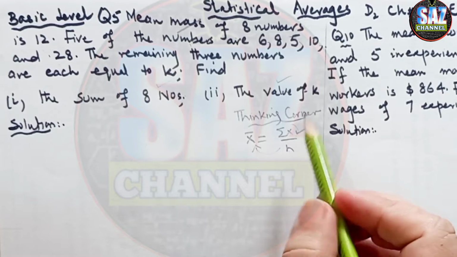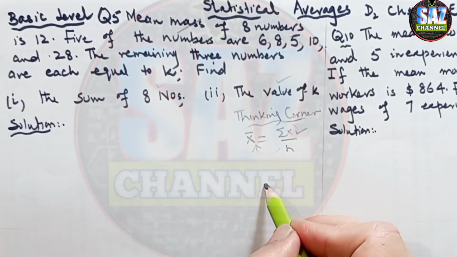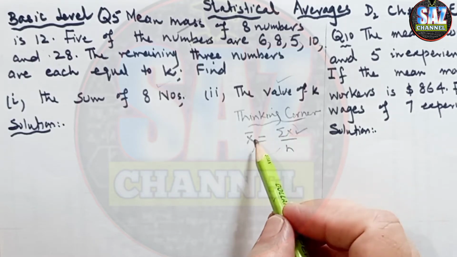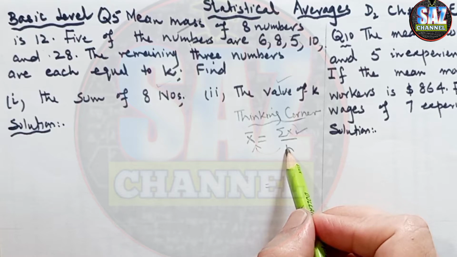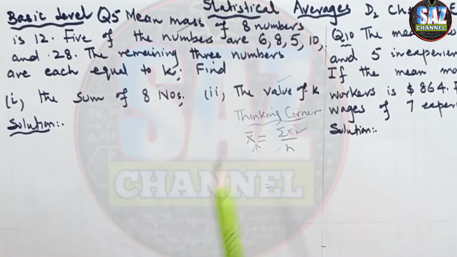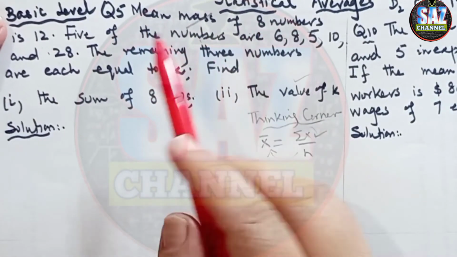And the second is we have to find the value of k. For that purpose we will find the sum of the 8 values and equate that sum to n into x bar. Students, I hope you are clear about this question, and let's move to the solution of the question.